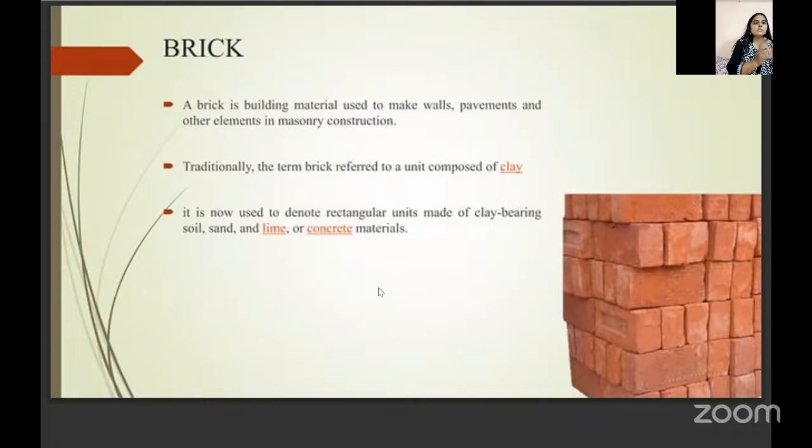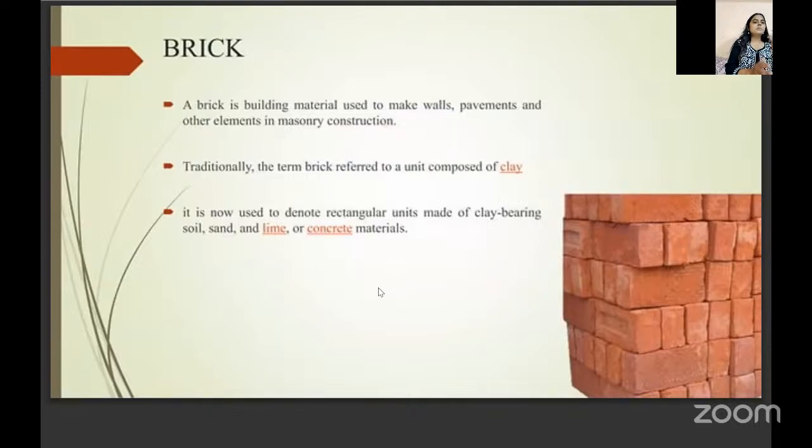The right answer was masonry. And a similar type of question was there in 2023 JE paper 2: what is the type of construction done using stone called? The answer to that also is masonry. So you need to remember that the various types of construction done using brick and stone are both known as masonry.